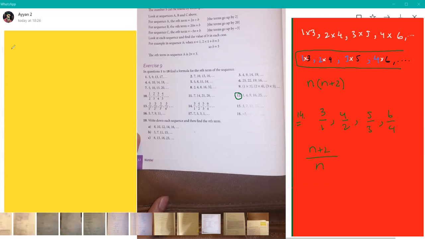You see, this is a very famous sequence: 1, 4, 9, 16, 25, and so on. This is clearly not a sequence where you have a common difference between them. What is special in all these numbers? What kind of numbers are these?